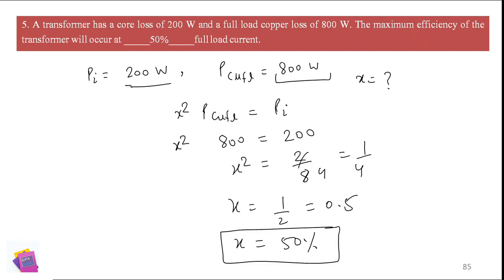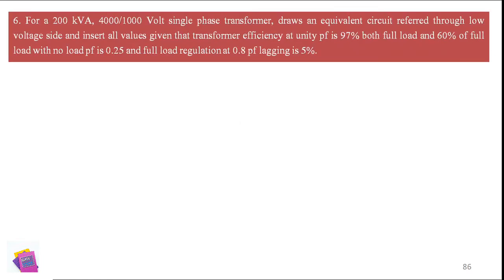Okay, easy. Next, this is an important numerical. Actually, this numerical is given in PS Bimbhra, page number 39, numerical 1.16.